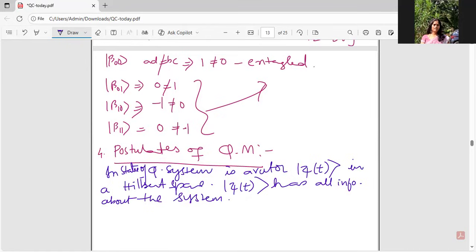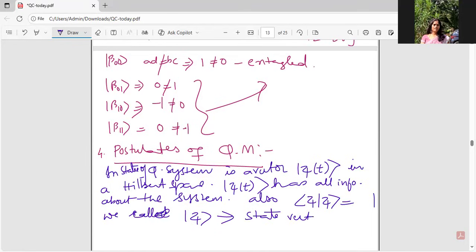Also, the inner product of ket xi with itself will always be 1. That means ket xi is always orthonormal. In such a case, we call such vectors state vectors, guys.